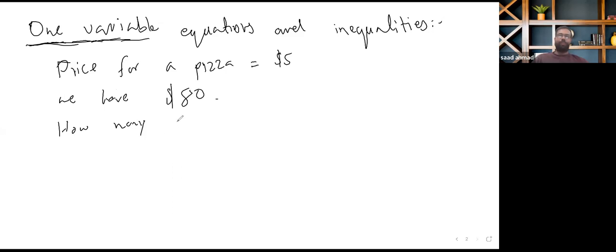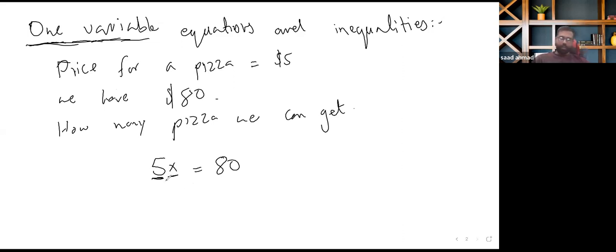How many pizzas can we get? So we can write the price: 5x, where 5 is the price and x is the number of pizzas, should equal 80 because we want to spend $80 on it. Now we want to find x, so we divide both sides by 5, and we get 16. So we can get 16 pizzas. That is the one variable equations.